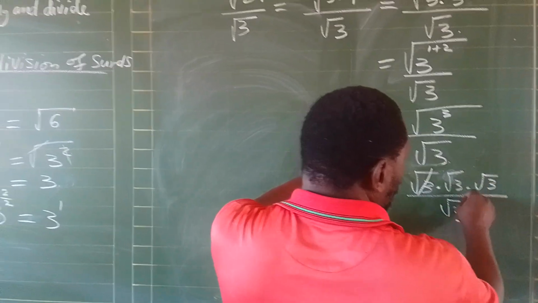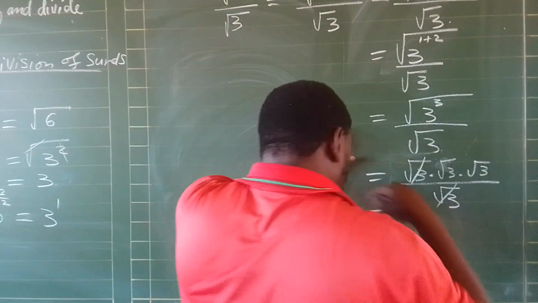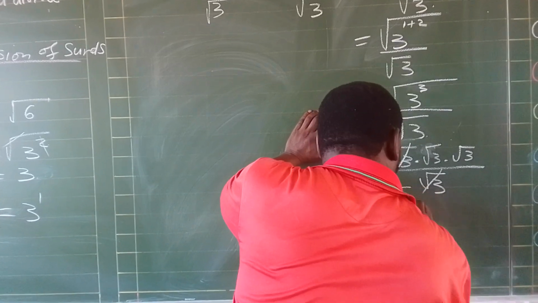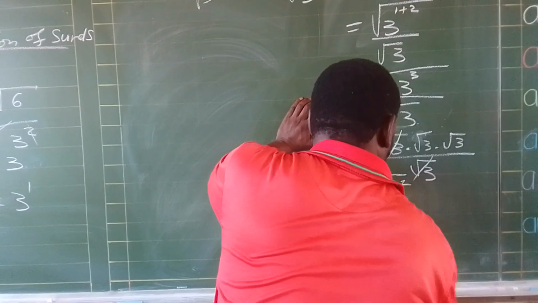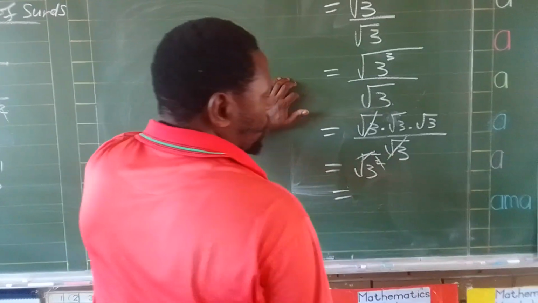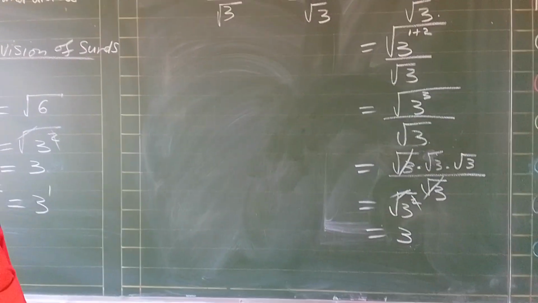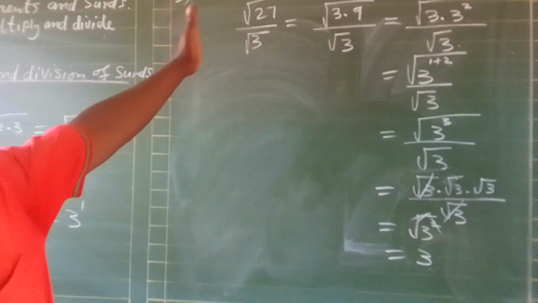Now the square root of 3 cancels the square root of 3. You are left with the square root of 3 times the square root of 3, which is the square root of 3 squared. You cancel the root sign with the 2, you are left with a 3. Your answer is going to be 3. This is all the way.